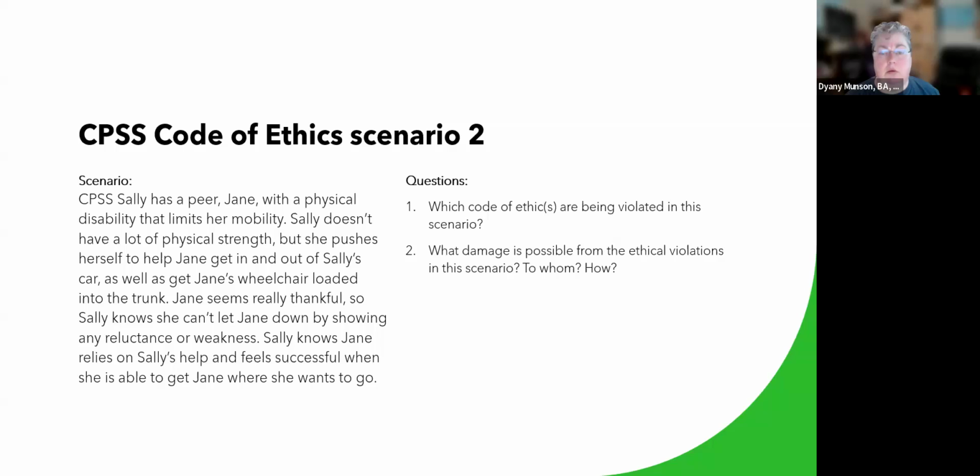So some damage possible. Making a peer dependent on their peer support, absolutely. Sally could injure herself physically. She could also injure Jane, but definitely injure herself because it already says that she doesn't have a lot of physical strength. I know that, for instance, right now I have developed pretty severe arthritis. I used to be able to put peers' wheelchairs into my vehicle.